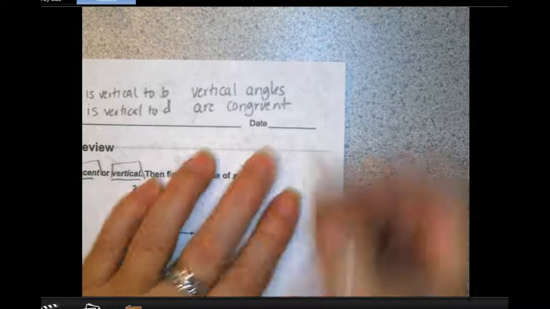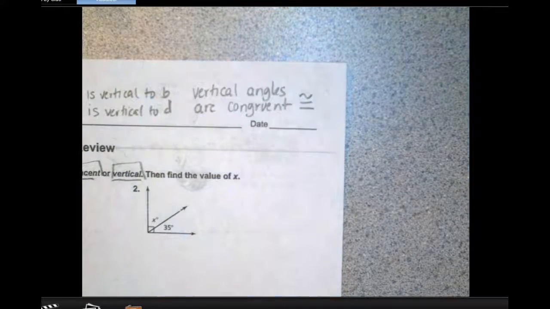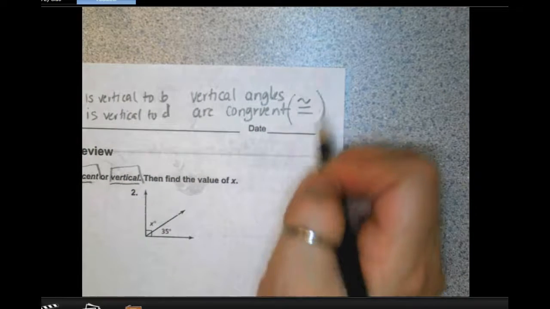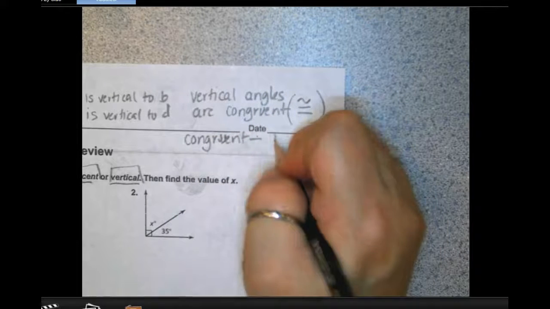We represent congruency in math by an equal sign with a squiggly on top. This means congruent. Congruent means the same.